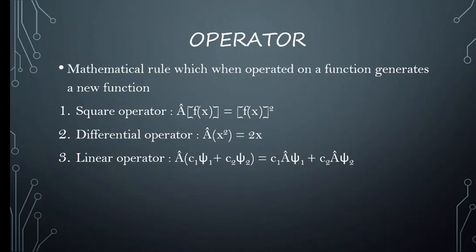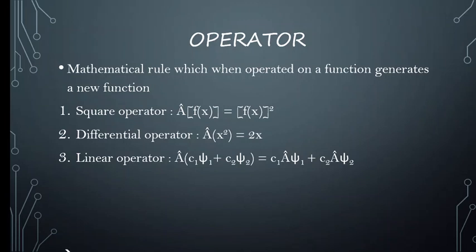So A cap operating on c1 xi1 plus c2 xi2 will be equal to c1, that is a scalar, into A cap of xi1 plus c2, which is again a scalar, into A cap into xi2. So the operation is done by keeping the scalars outside, which do not change, and the operation is done on the wave function.